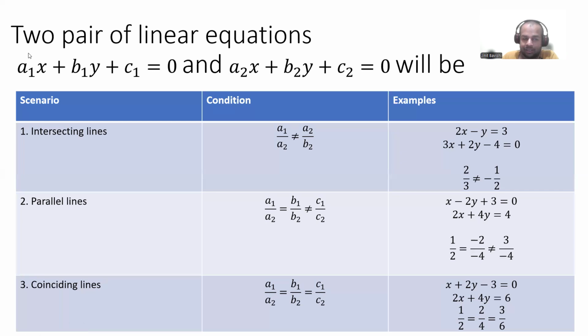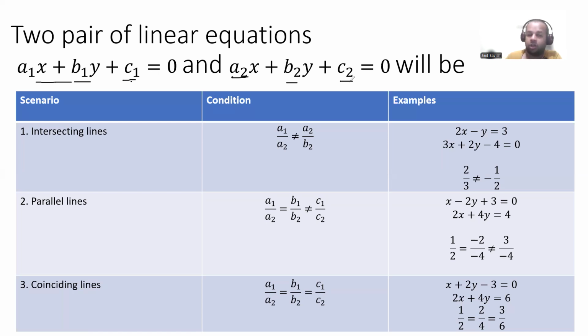So this is the general form of writing the equation, as you know, ax plus by plus c. But as we're dealing with two different lines, I'm going to take a1, b1, and c1 for the first equation, a2, b2, and c2 for the second equation. Based upon this, we want to figure out whether the equations we will be solving will have solutions or not, whether they will be parallel or overlapping, coinciding.